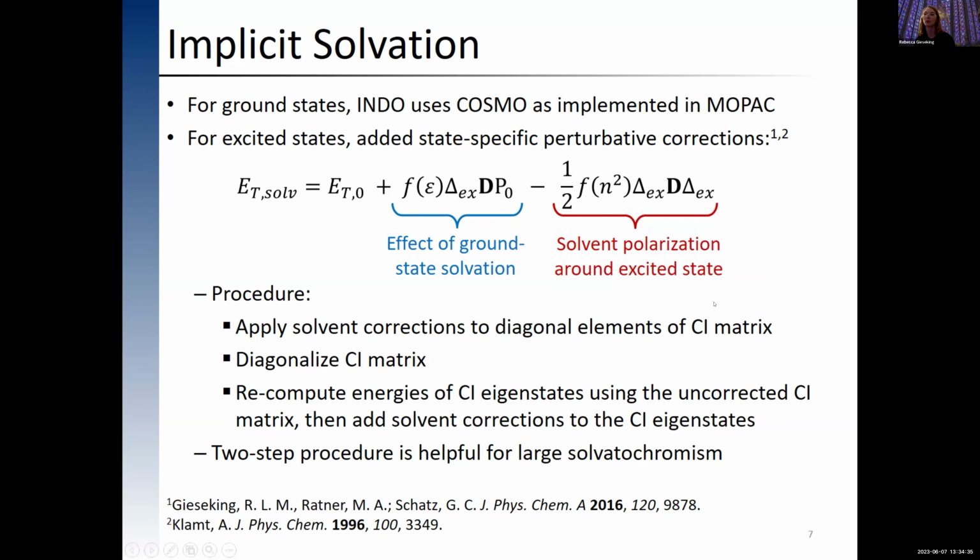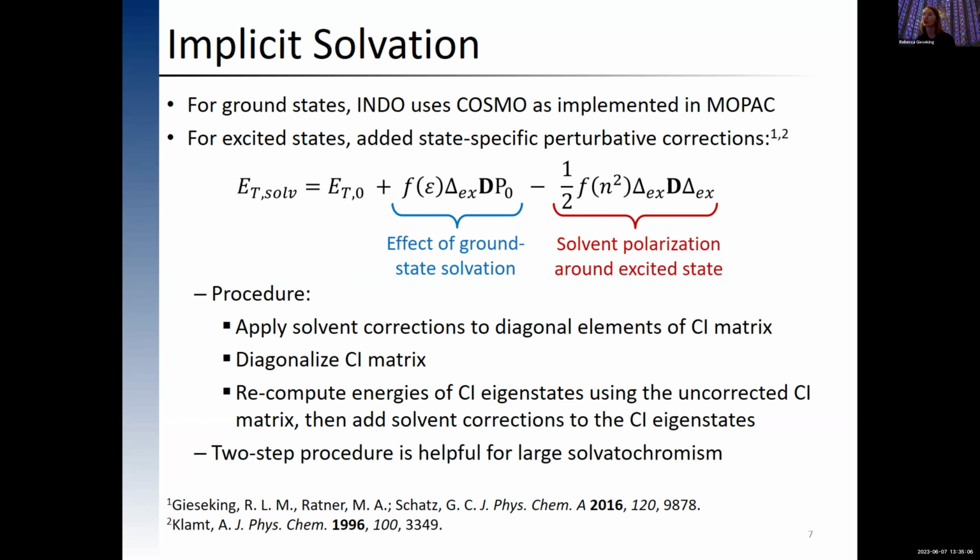So basically, you end up with two ways that your excited state energy changes because of solvation. One term is just because you have your ground state being different, and you have that static presence of the solvent surrounding your ground state. But you also have the response of the solvent to your excited state electron density and to the change in that density when you excite the system.